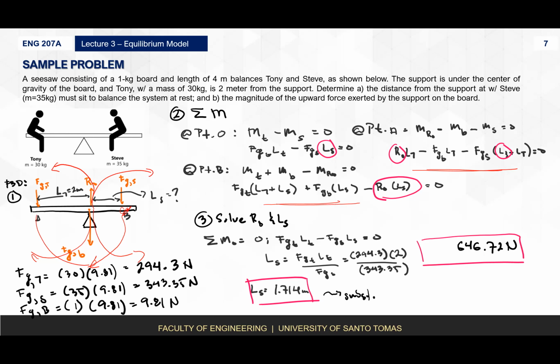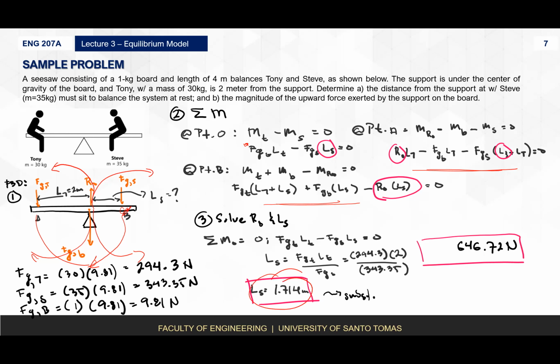Now, if you have enough equations na dito, now you solve them simultaneously naman. So, ano yung equation na pwede mo masolve kagad? In fact, yung moment 0 mo dito, you can actually solve for the length needed ni Steve to sit down. You simply substitute yung mga forces ng weight mo and yung board, and you will have this one.